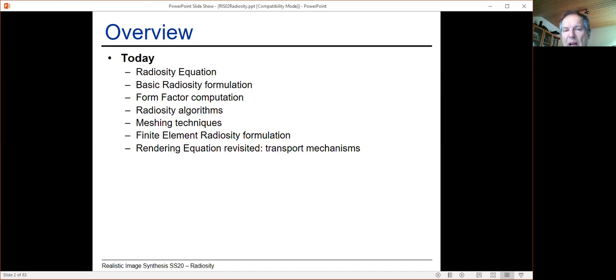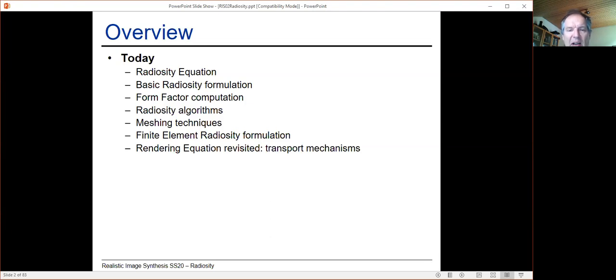So what we are going to do today is, once we have this formulation, which, I remind you, was equivalent to a linear set of equations, we'll discuss various techniques to solve it. So we will discuss various radiosity formulations that would enable us to solve the radiosity problem efficiently. I will stop for some time on form factor computation, and we will go over various techniques that would, in a more or less precise way, compute form factors.